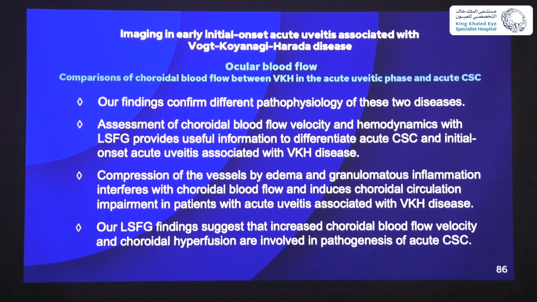Compression of the vessels by edema and granulomatous inflammation interferes with choroidal blood flow velocity and induces choroidal circulation impairment in patients with VKH disease. Our findings suggest that increased choroidal blood flow velocity and choroidal hyperperfusion are involved in the pathogenesis of acute central serous choroidopathy. Big difference between the two conditions.